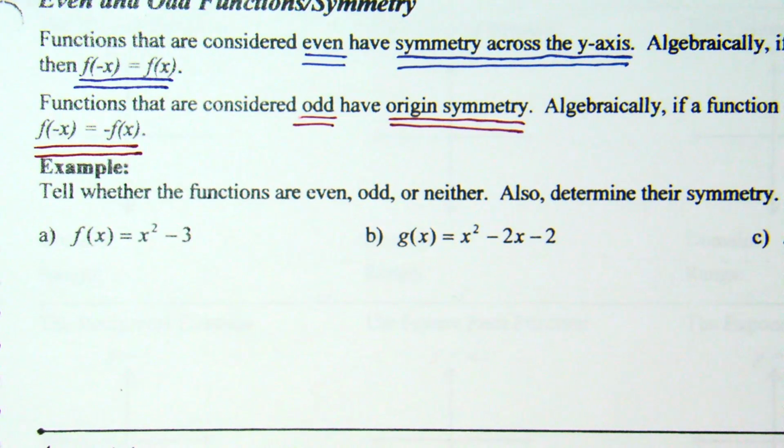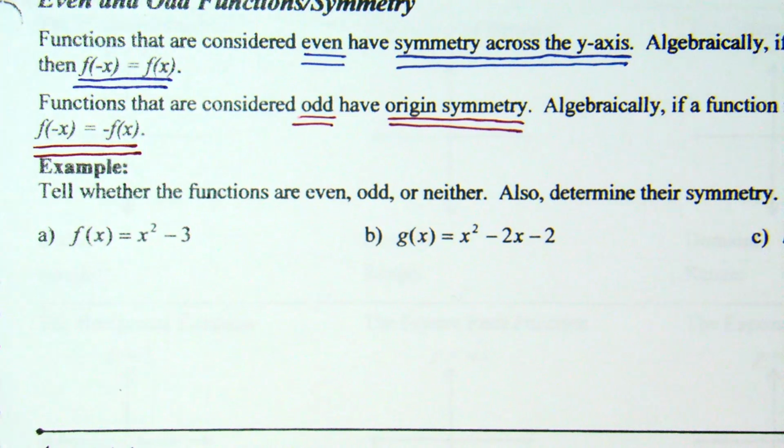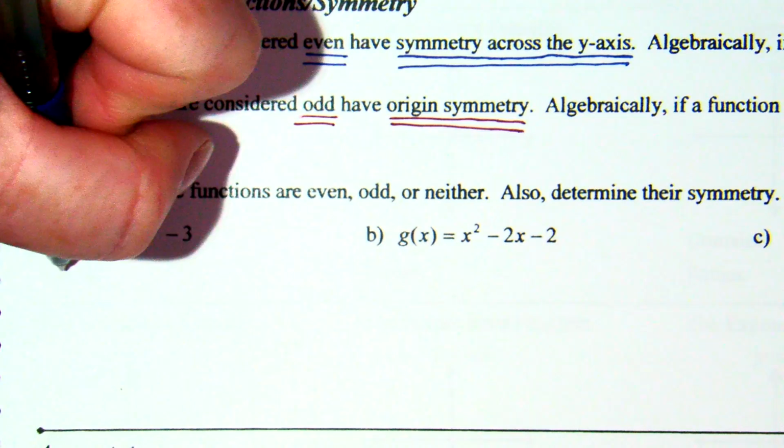Now, I want to prove this to you algebraically. We already have f of x equals x squared minus 3. The first thing I want to do is find f of negative x.